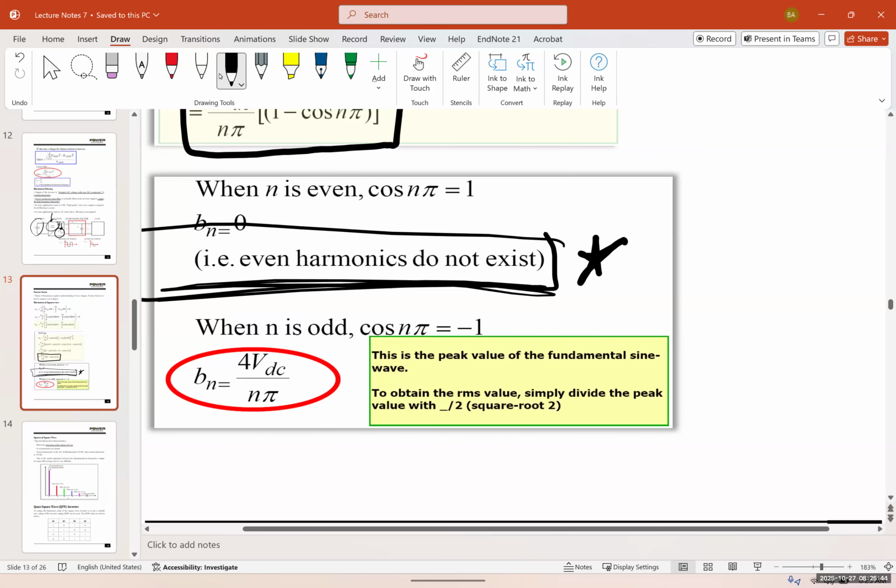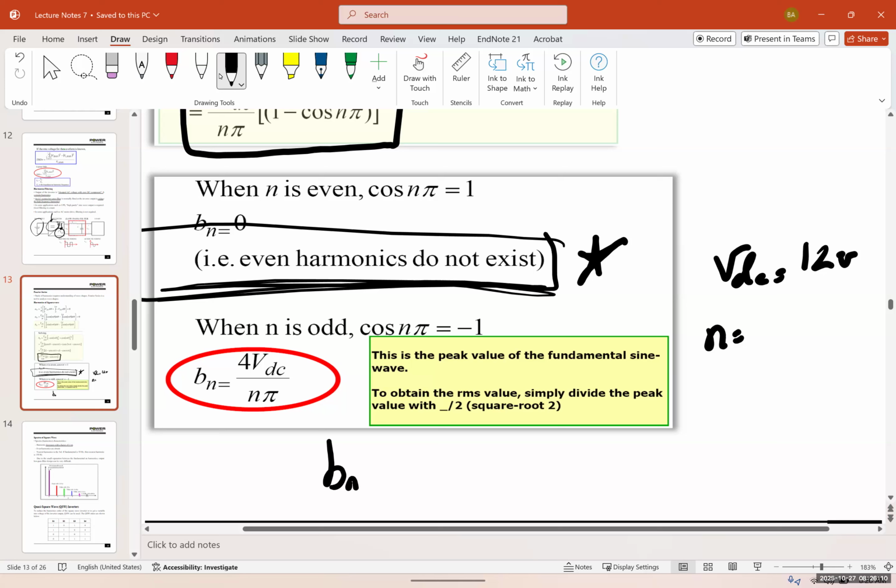Now, for example, let's solve a quick example. We want to find Bn. VDC is equal to 12 volts.